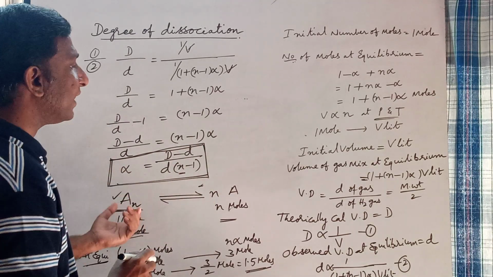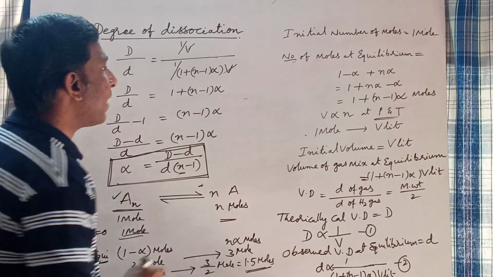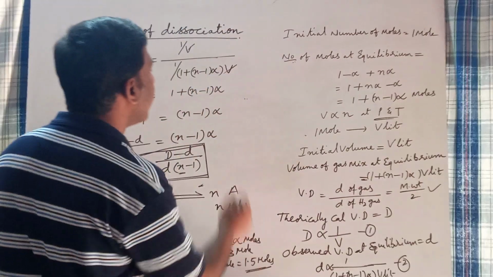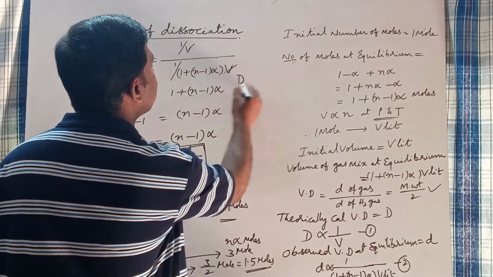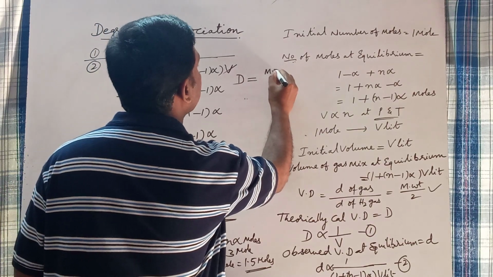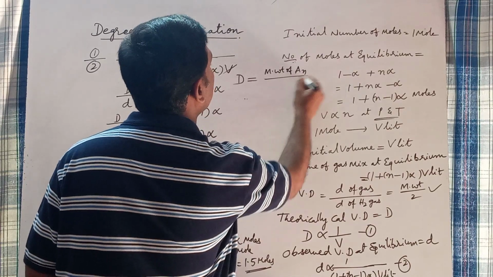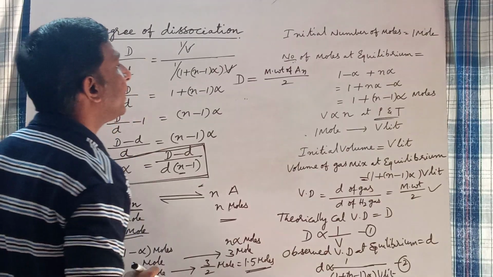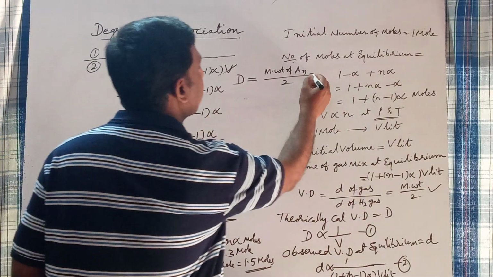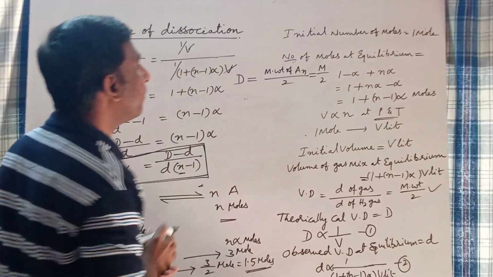Now the alpha value is also related to molecular weight. We know that vapor density is equal to molecular weight divided by 2. The initial, theoretically calculated vapor density is the molecular weight of AN divided by 2. So the gram molecular weight of AN is taken as capital M, giving M/2.